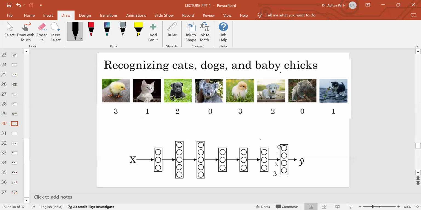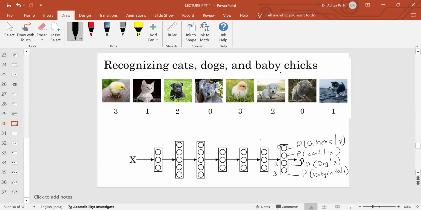Here we see the probability of whether the input is the other class, or the cat, or the dog, or the baby chick. So you have 4 possible outputs.